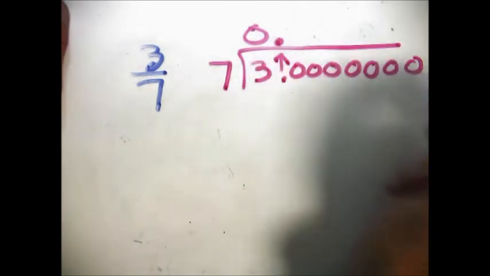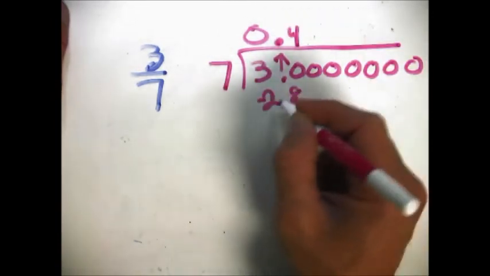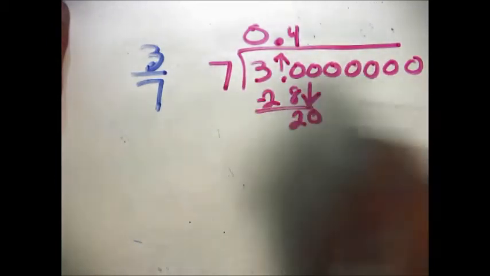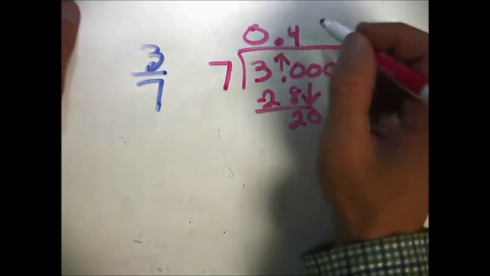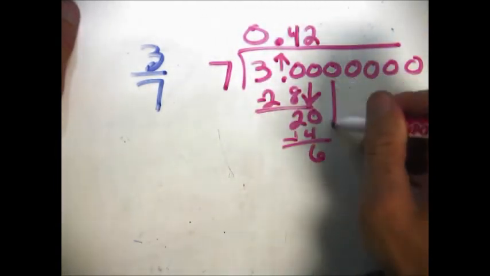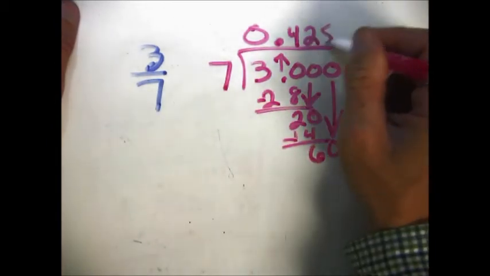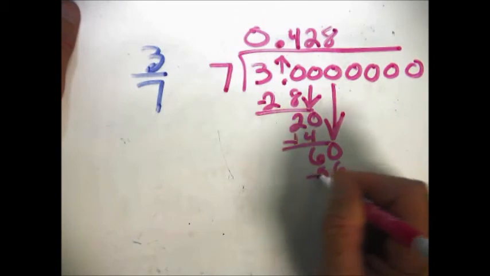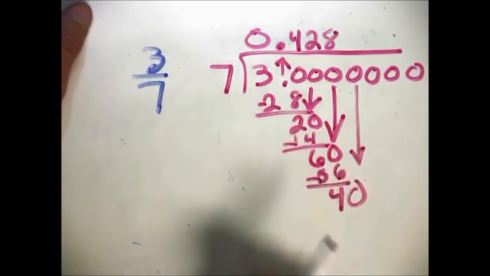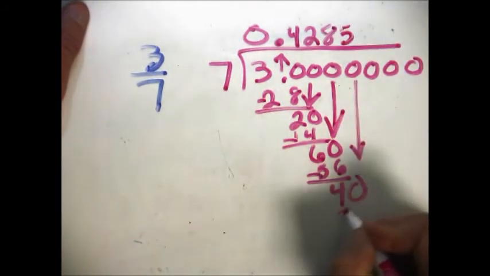I'll bring this decimal straight up. 7 goes into 30 4 times. 28. Subtract, 2. Bring down your 0. 7 goes into 20 2 times. 14. 6 is your difference. Bring down a 0. 7 goes into 60 8 times. 56. Subtract, 4. Bring down your 0. 7 goes into 40 5 times.